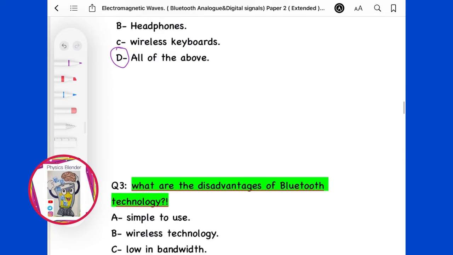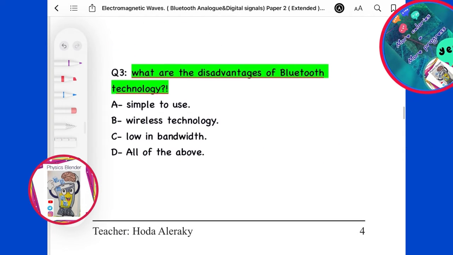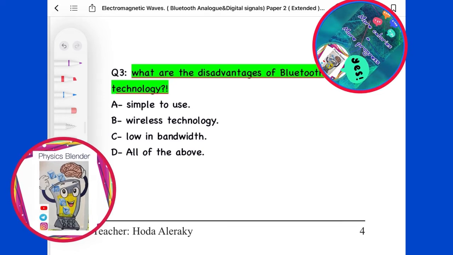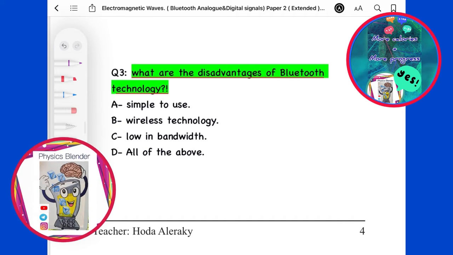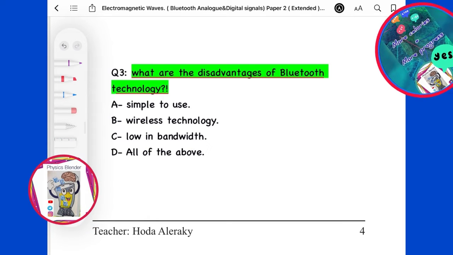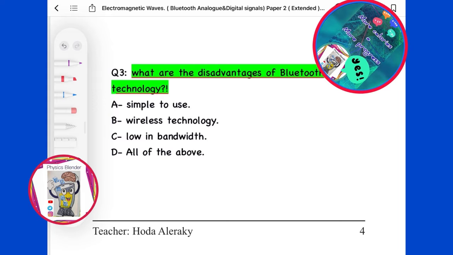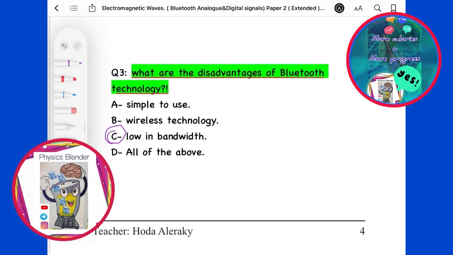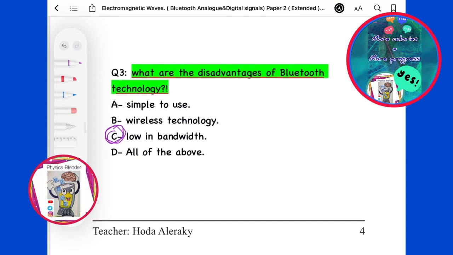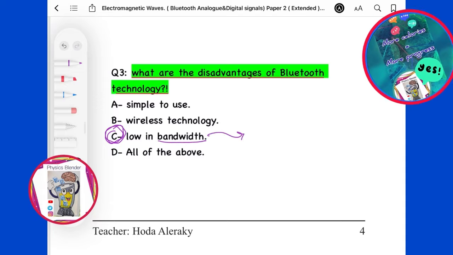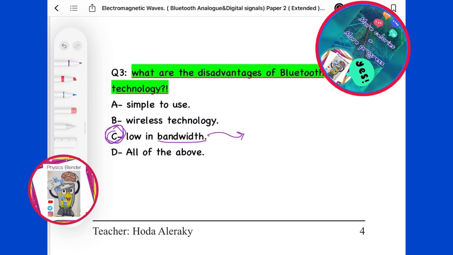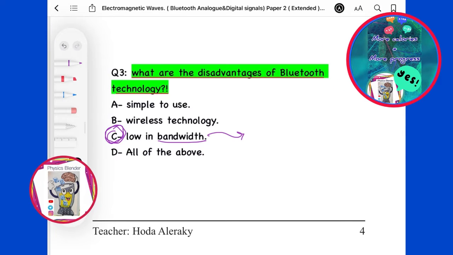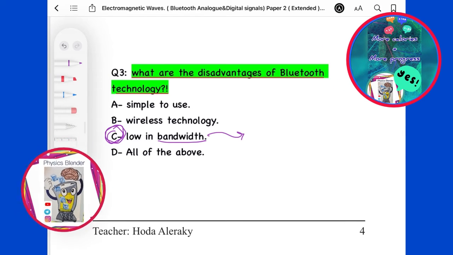Okay. Question 3. What are the disadvantages of using Bluetooth technology? One of the few disadvantages of using this technology is that it has low bandwidth. What do you mean by bandwidth? Bandwidth is a frequency, and you can imagine having high bandwidth.